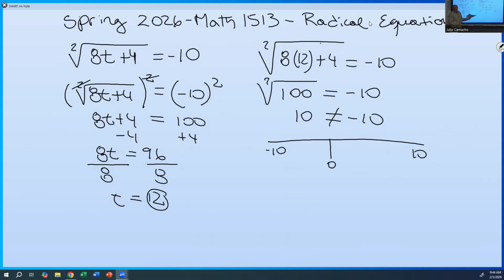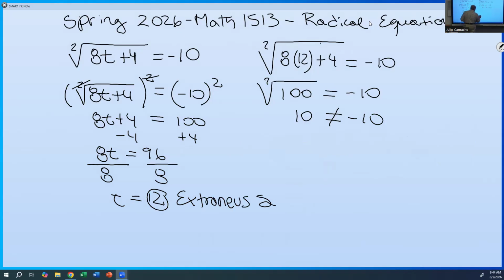So when we're doing inequalities on absolute value, we have to take this into consideration. But because this answer is wrong, we can say that 12 is an extraneous solution. And every time that you have an extraneous solution, the equation has no solution.